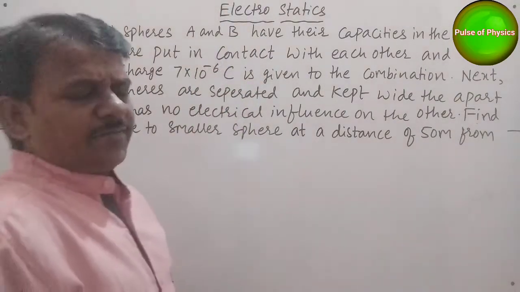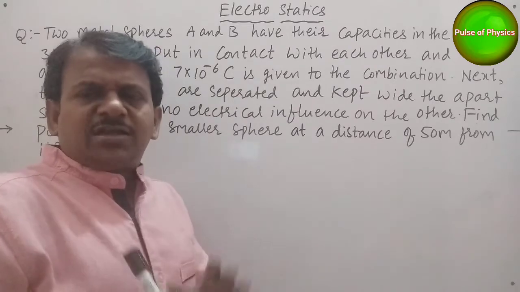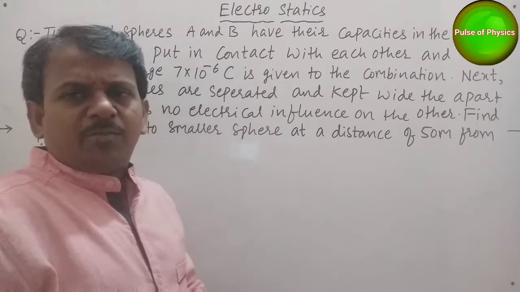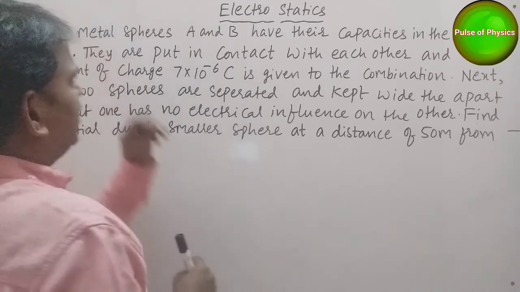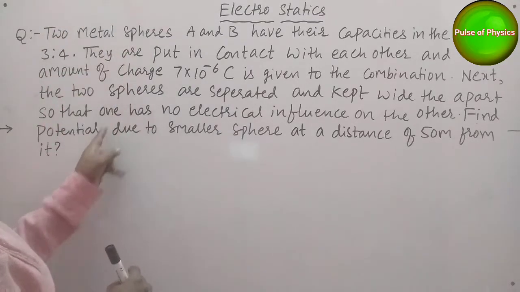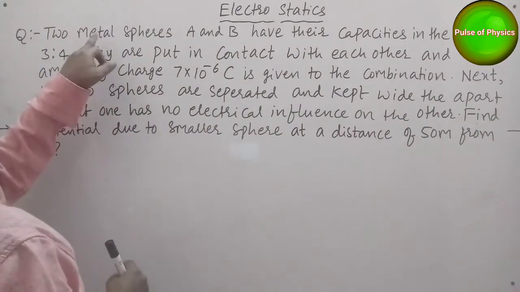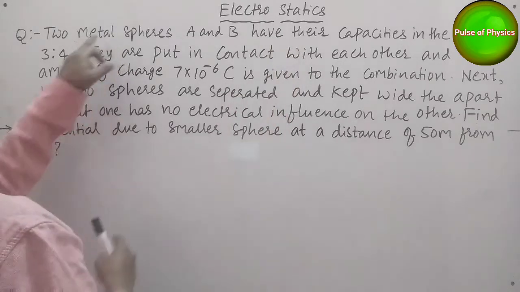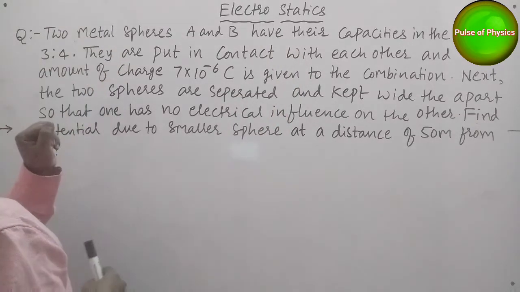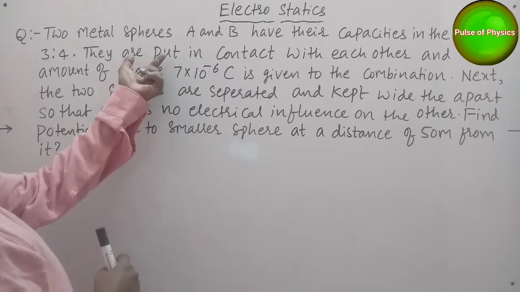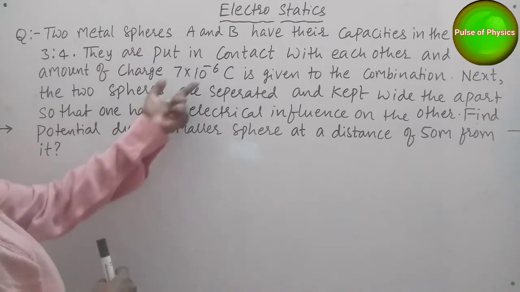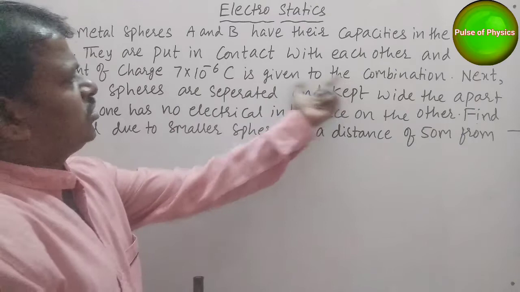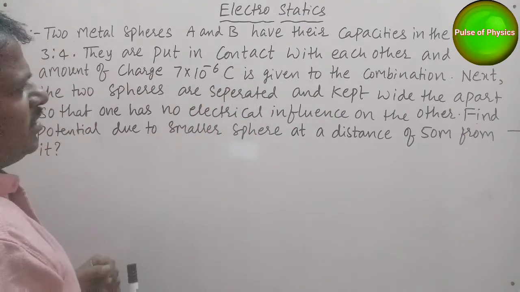This is the question. How do we approach the problem? Initially, there are two spheres, one smaller and another bigger. They have capacities in the ratio 3:4. Both are initially in contact, and the total charge on both is given.